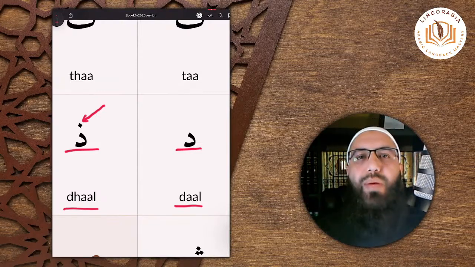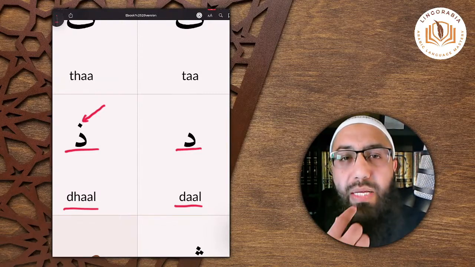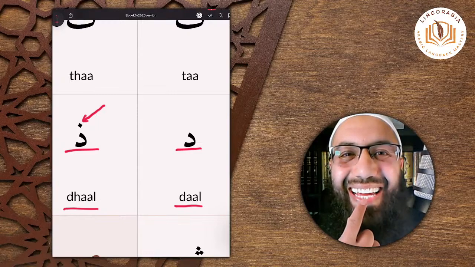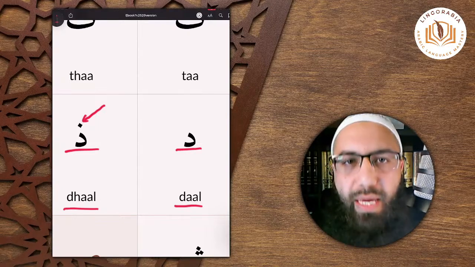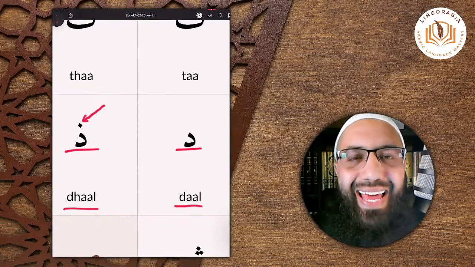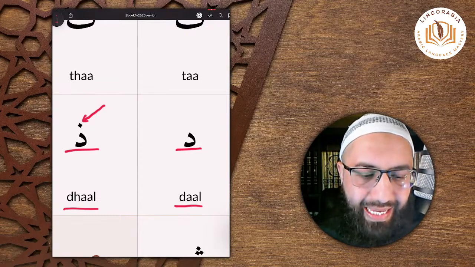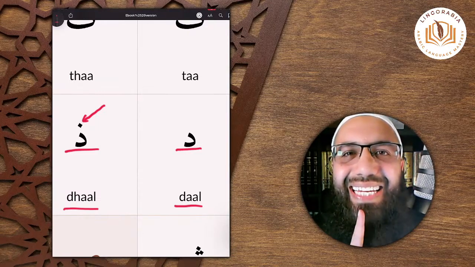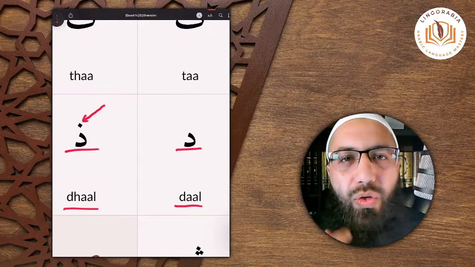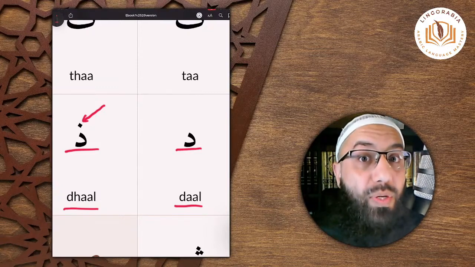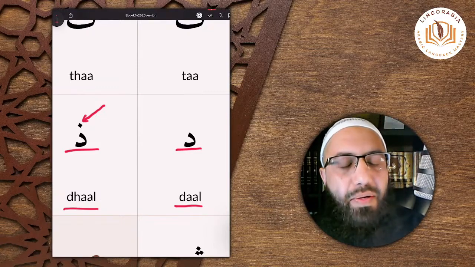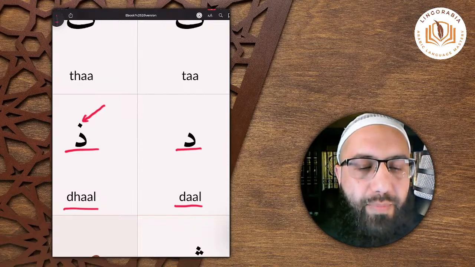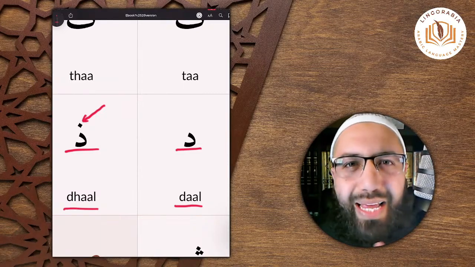When you pronounce a dal, look, dal, you don't see my tongue coming out. But when I pronounce the dhal, like another letter that we discussed, you put your tongue slightly between your teeth.